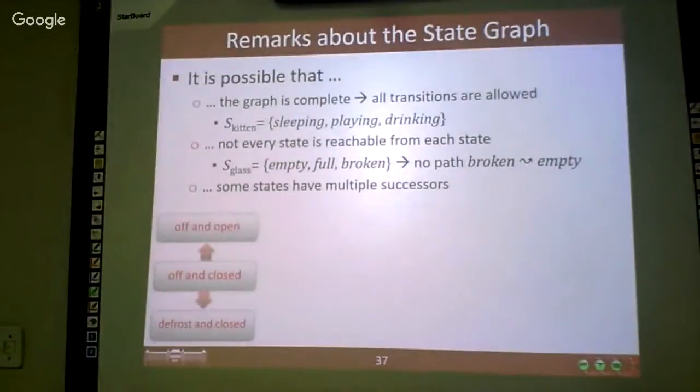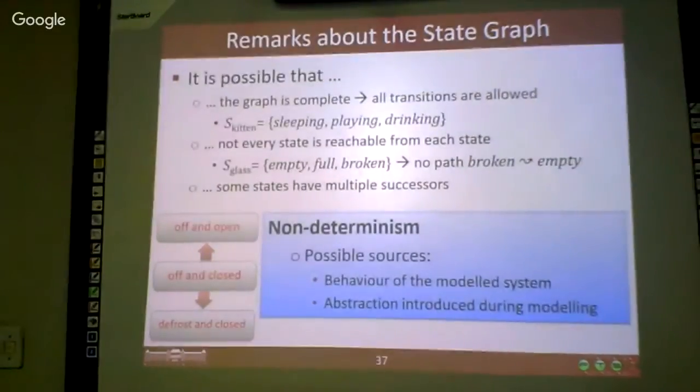And it can also happen that some states have multiple successors. For example, in our favorite microwave oven example, from the off and closed state, we can go to the off and open state, or we can start defrosting in a closed state. So this way we can represent some kind of non-determinism.